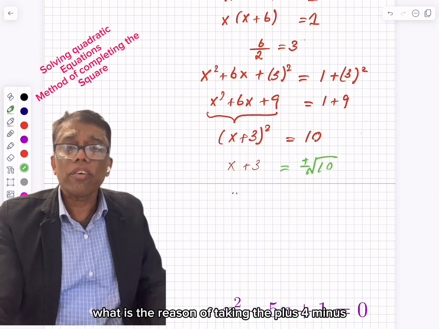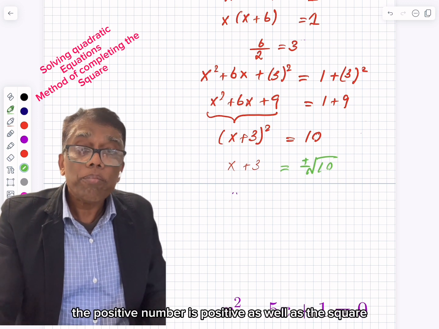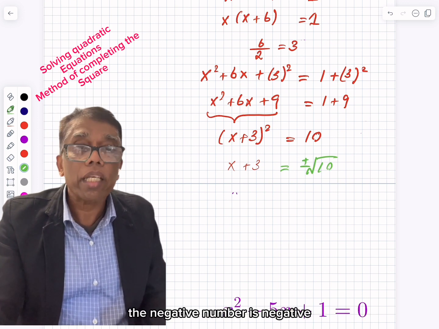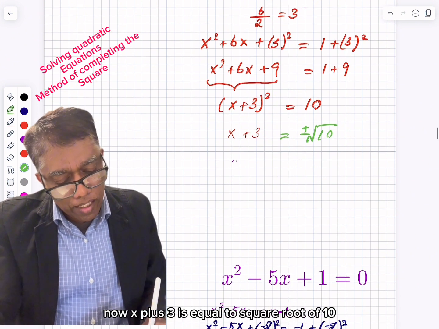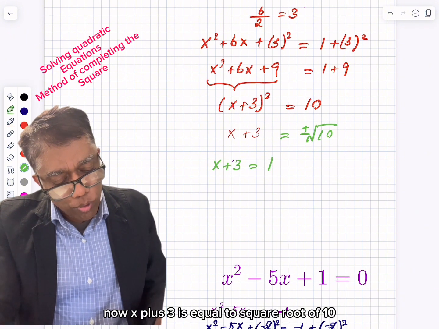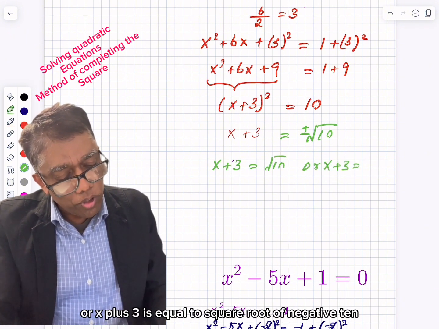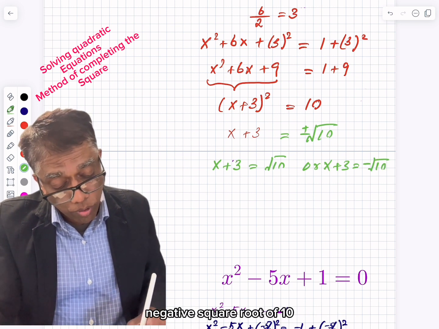What is the reason for taking the plus or minus? Because the square of a positive number is positive as well as the square of a negative number is positive. Now, x plus 3 is equal to square root of 10, or x plus 3 is equal to negative square root of 10.